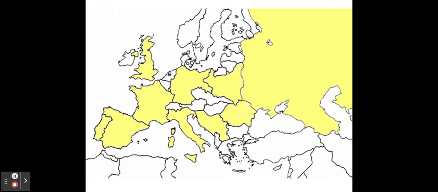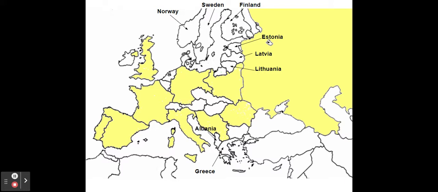Okay, so here comes group number two. Norway up here. Next door to Norway, we've got Sweden. Then next to Sweden, we have Finland, Estonia, Latvia, Lithuania, Greece down there at the bottom.